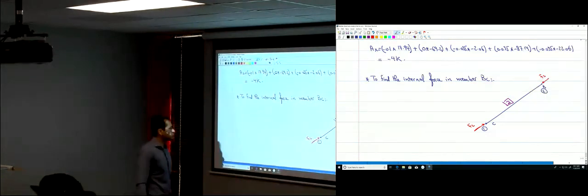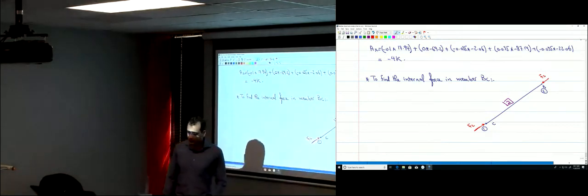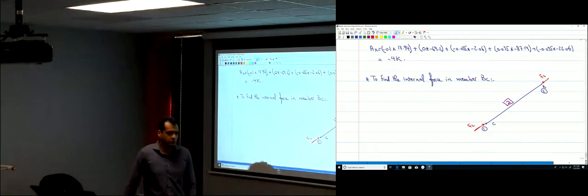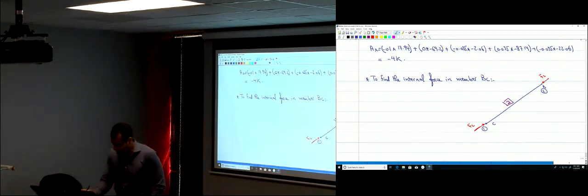If you're looking to find that force, is it in the local direction or the global direction? Local. It's oriented with the local x-axis. Okay? So to find this, you need to turn back to the stiffness equation, but in the local direction. What does it say?